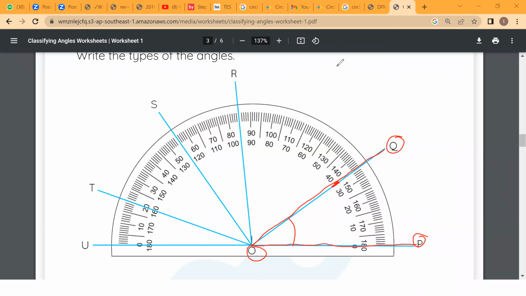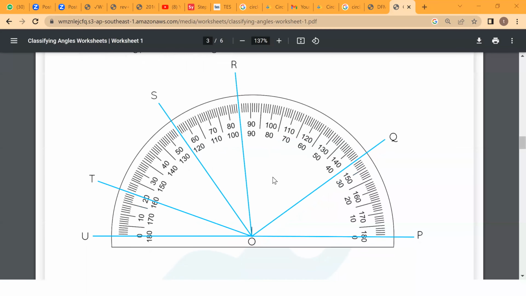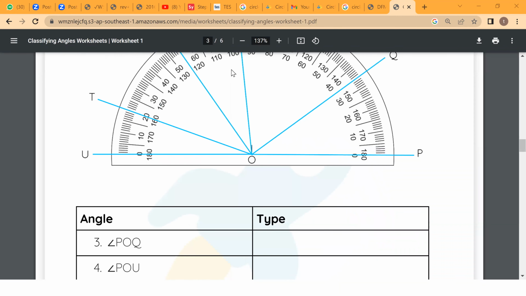So that means that this first one is an acute angle. So we have to put here acute angle. So number 3 is acute angle. Good. So our first one is acute angle.